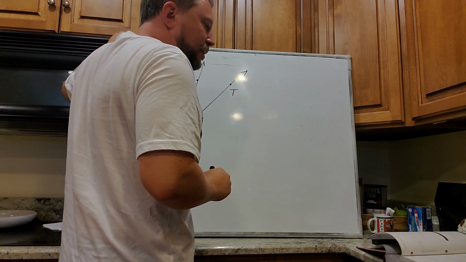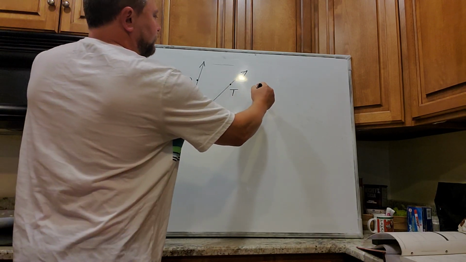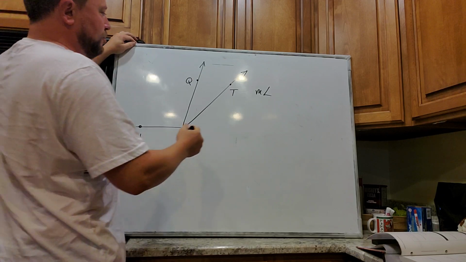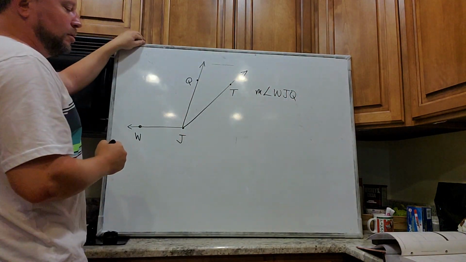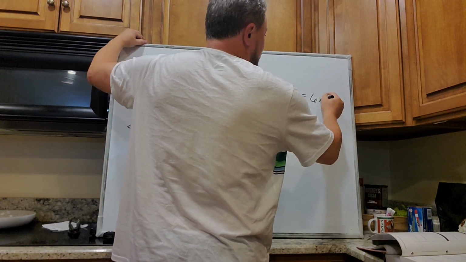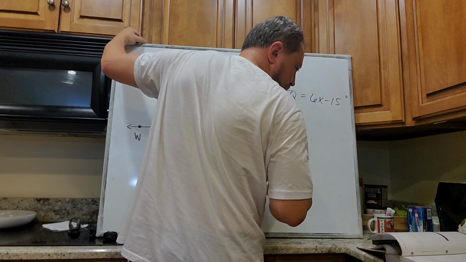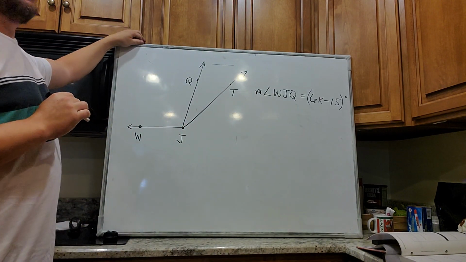Okay, and let's say that in our picture here, the measure of angle WJQ is 6x minus 15 degrees.